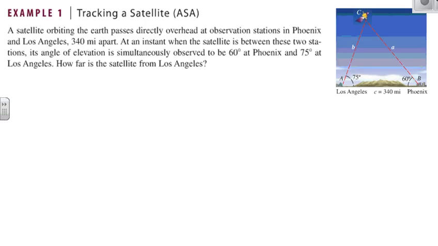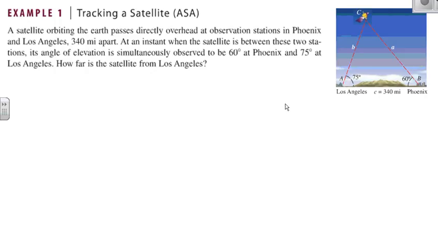So let's do a couple examples. There's a satellite orbiting the Earth. It passes over Phoenix and Los Angeles, which are 340 miles apart. At one instant, the satellite is between the two stations, and the angle of elevation is measured from each to be 60 degrees and 75 degrees.